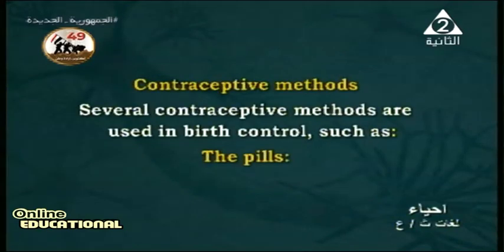Contraceptive methods. What are the contraceptive methods? These are methods to reduce or prevent pregnancy, to control birth. Several contraceptive methods are used in birth control, such as number one, the pills.